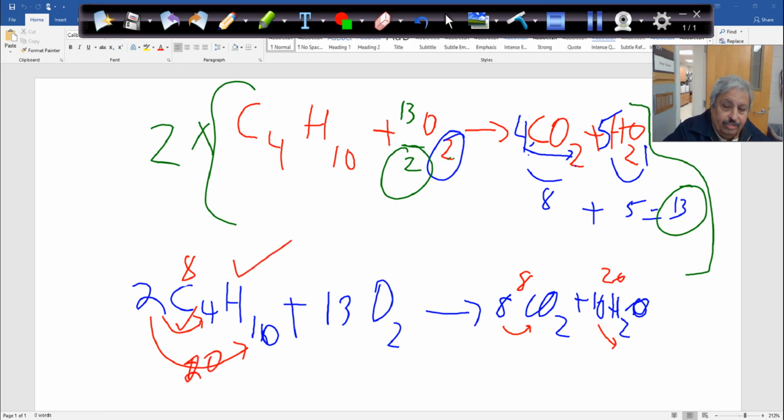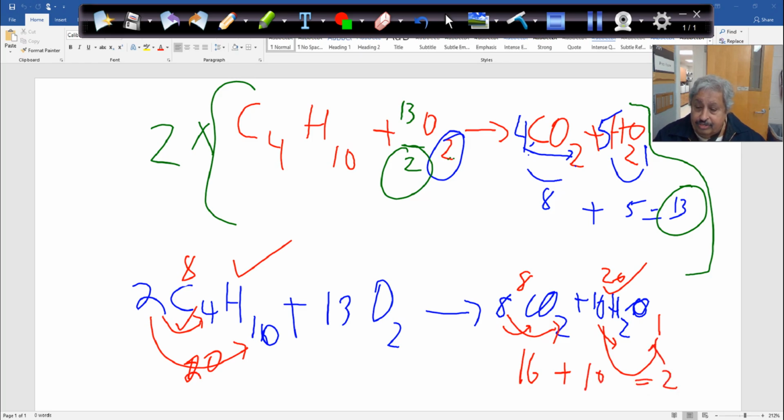So hydrogen is good. Now the oxygen. Oxygen is challenging. 8 multiplied by 2 is 16 oxygen, plus 10 multiplied by 1, understood not written, is 10. So this is 26. Correct, guys? How about here? 26. So everything is balanced.